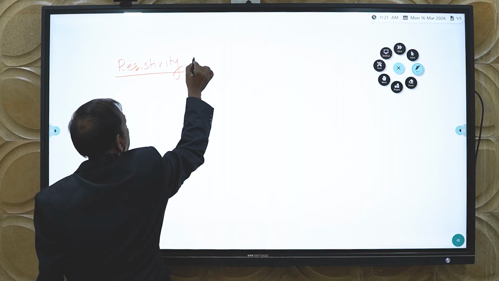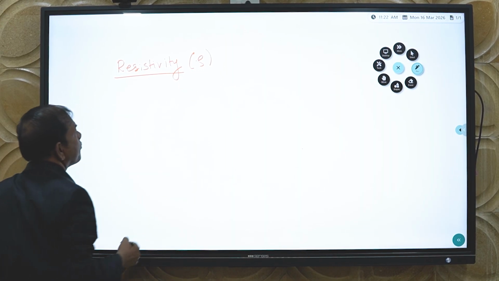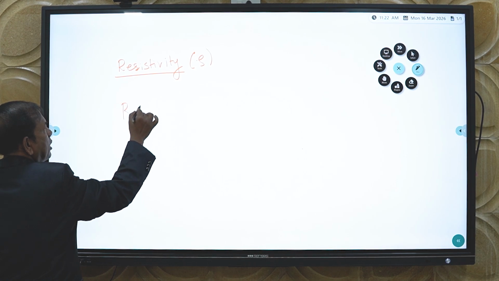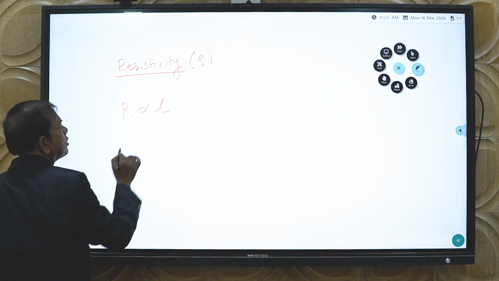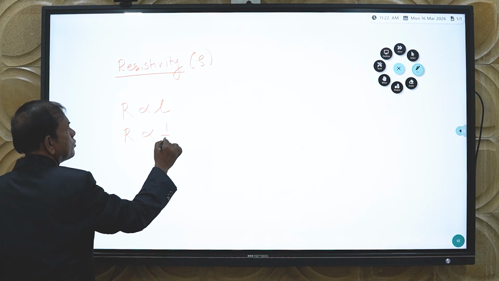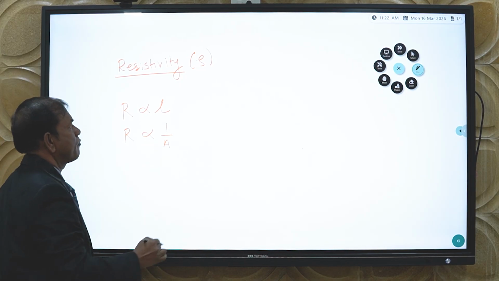Resistivity is denoted by rho here. So we know resistance R is proportional to length of the conductor. Resistance R is inversely proportional to area of cross section.